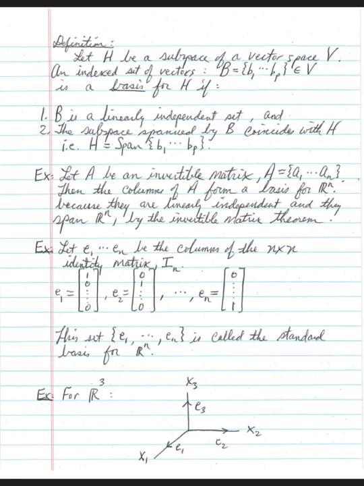Let A be an invertible matrix with columns 1 through n. The columns of A form a basis for Rn because they are linearly independent and they span Rn. This is by the invertible matrix theorem.